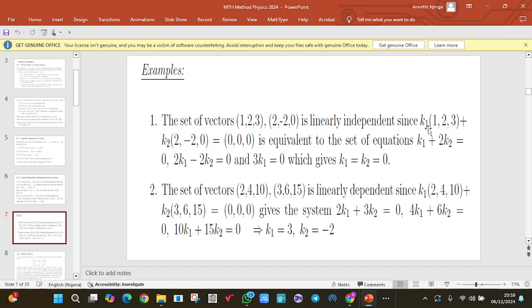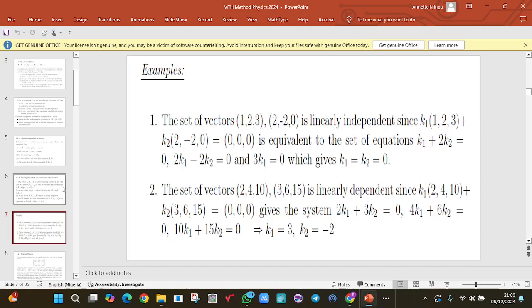I can decide to introduce and look for c. I can decide to use a, b, and c, but make sure that a equals 0. But here I use k1 and k2 because we only have two sets of three elements. One, two, three, one, two, three. If for example I have three sets, then we're going to have k1, k2, and k3.